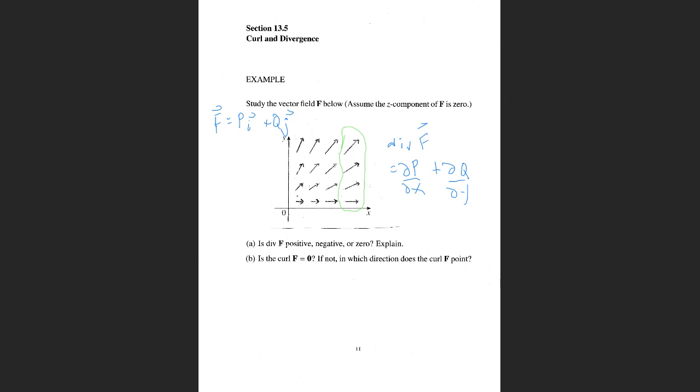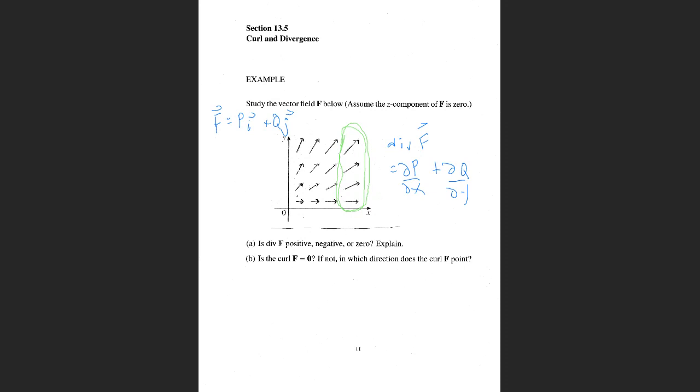What's happening to the q components of the vectors as you go up? The vectors seem to be tilting upward, right? As you go higher and higher in the y direction, the vectors seem to be tilting upward. Is that going to cause the q component of the vector to increase, decrease, or just stay constant? Good, Giuliani.